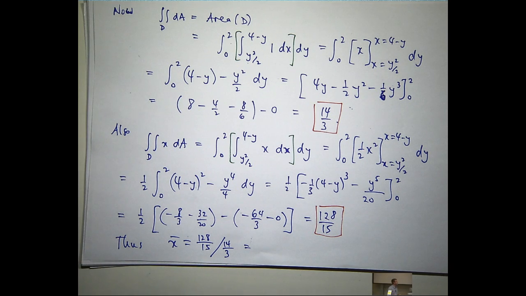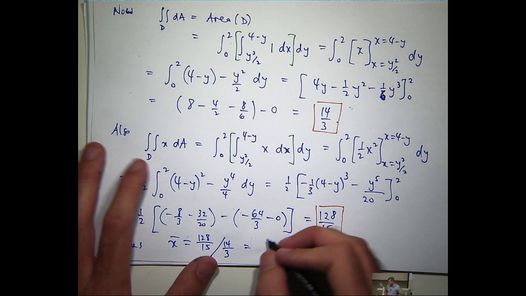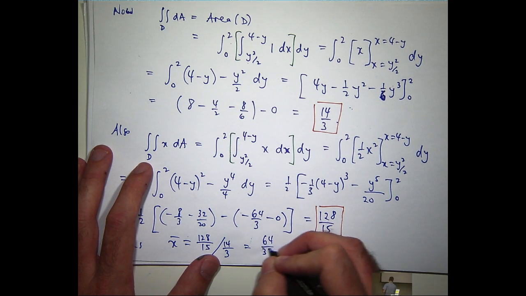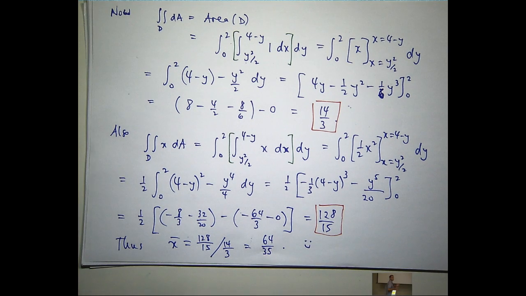And what are you going to get? 64 on 35. Hey, happy, we've done something. Okay, that's only 1/2 of the 2 components that you need. You've got the x component, now we need the y component. So let's go through and calculate the y component.